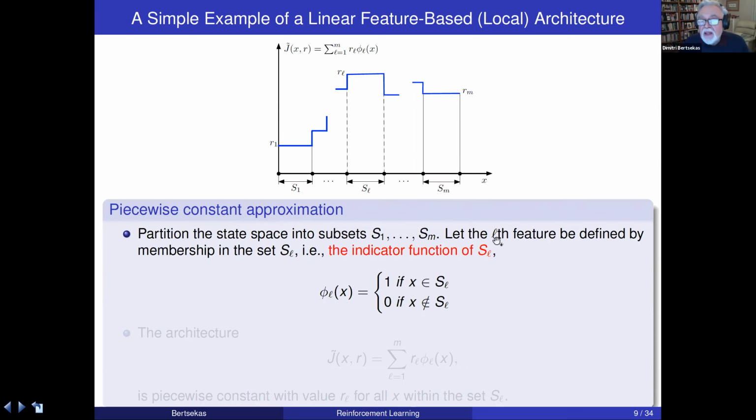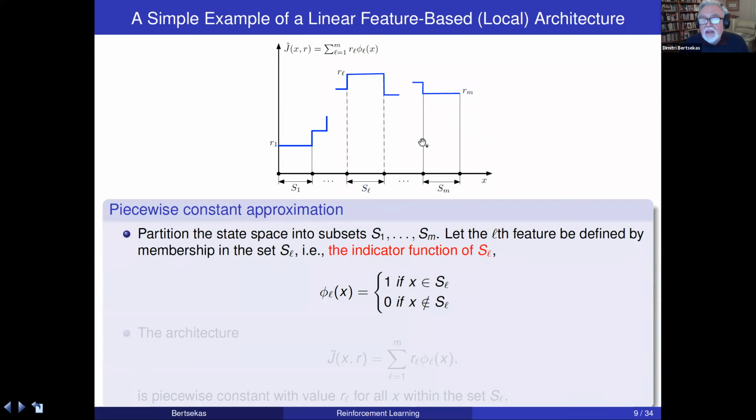And we define the L-th feature to be the indicator function of the L-th set, S_L. So this is the feature here, what you see. It is either 1 or it is 0. So for L, it is like that, with a value of 1. Okay, this is the level 1.